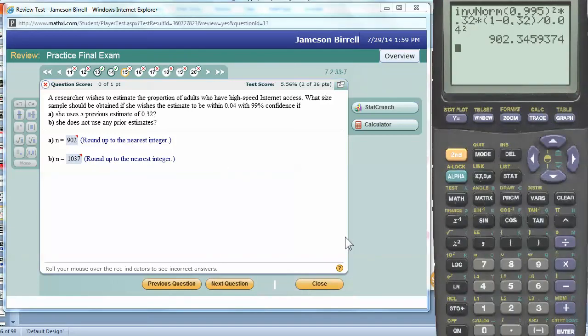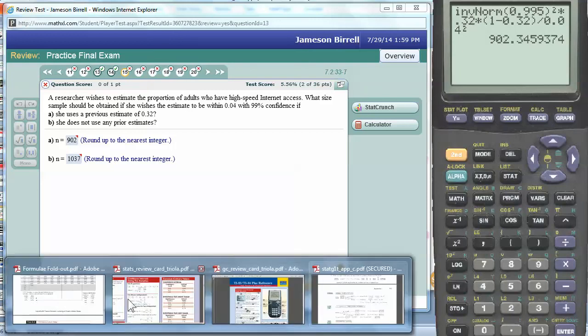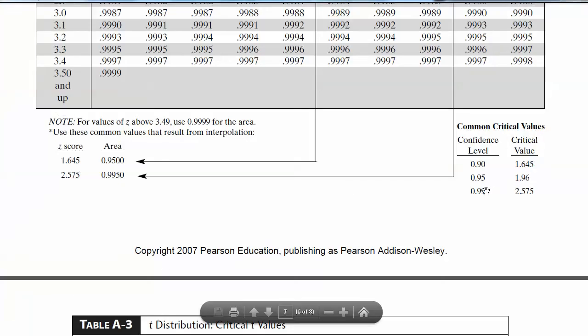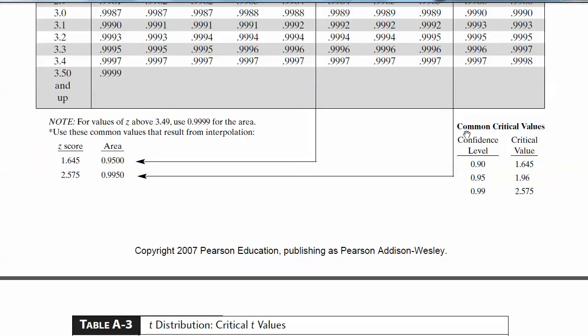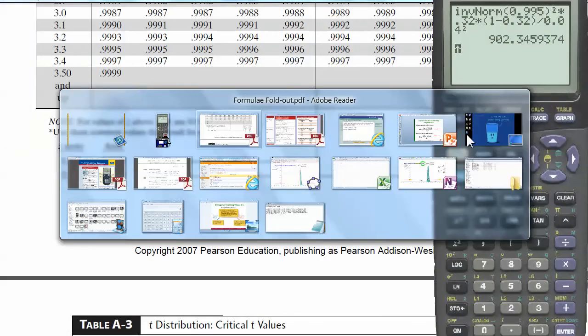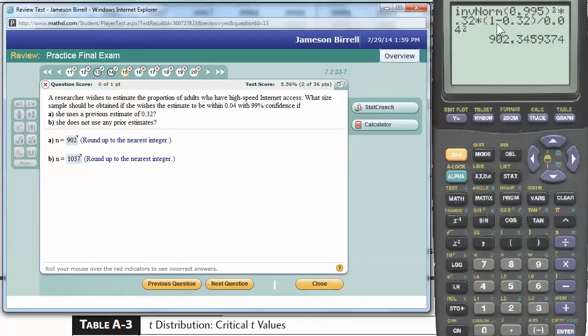Okay, so I'm a bit confused because I just paused the video and ran it again, not using the table with the common critical values, 2.575, when the confidence level is 99%. This time I actually just used the inverse norm.